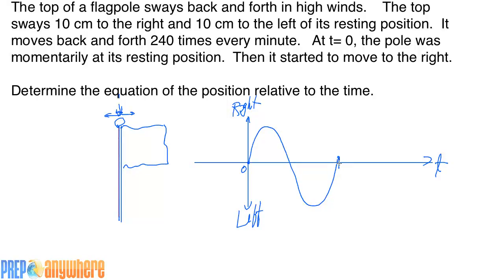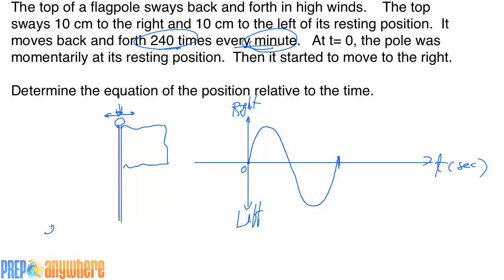So now this is time. How long does it take to do this once? 1 minute. It says every minute it does it 240 times. So how long does it take to do it once? Over 60. Okay, I think we should consider the time in seconds instead of minutes.